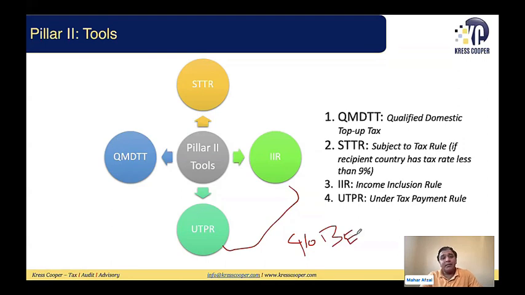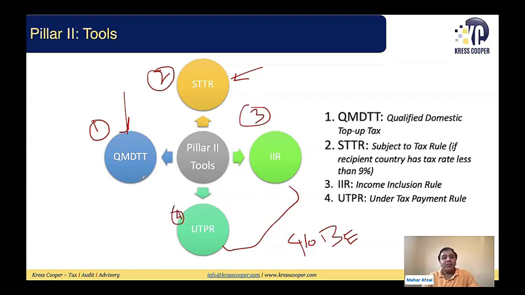This is basically anti-base erosion. This is called subject to tax rule. This is a treaty-based rule. This is the qualified domestic top-up tax, and we will look into each area. The process will start from here, QDMTT. Then this is STTR, number 2. Then IIR at number 3 and UTPR number 4.